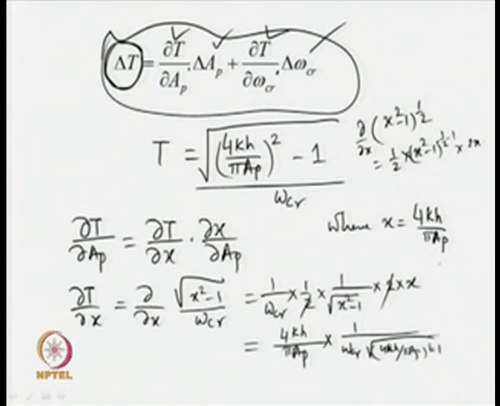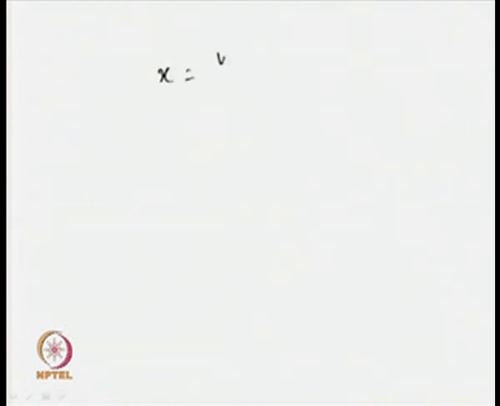Okay. Simply substitute the expression for x over here to find del T upon del x. Similarly, we need to find del x upon del a p, since x equal to 4 k h by pi a p.